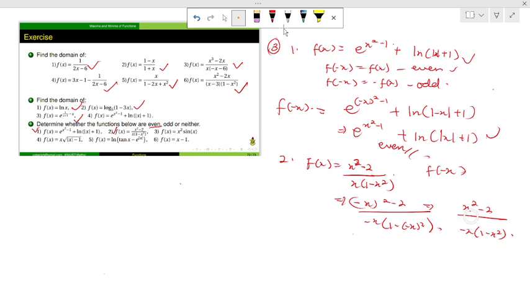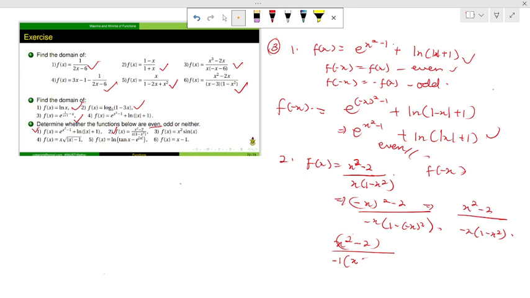So I can factorize the negative out here so that I'll get x squared minus 2 all over negative x times 1 minus x squared.